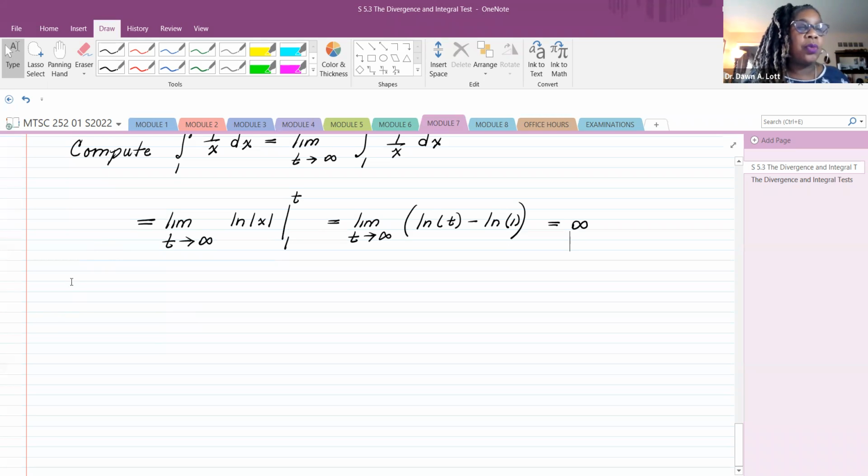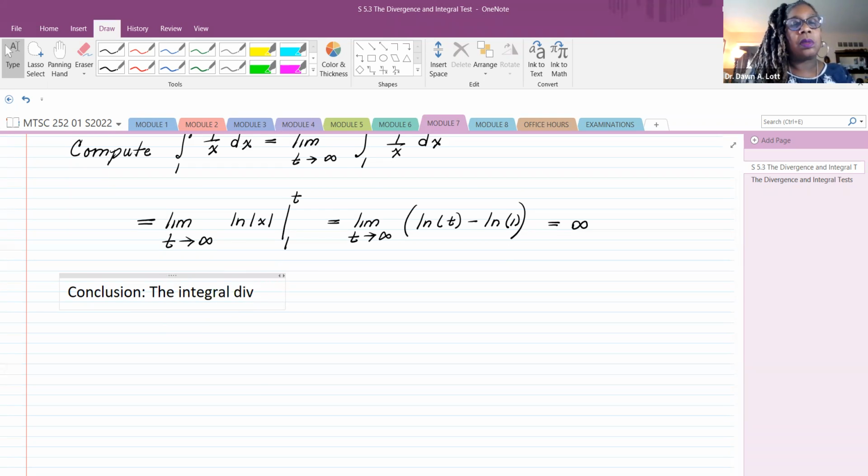Okay, so we have our conclusion. The integral diverges. Hence, the series diverges as well.